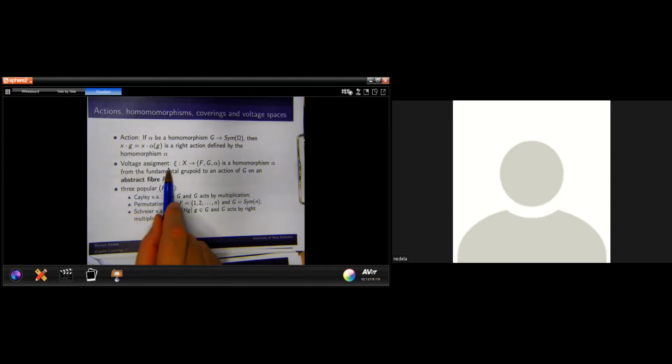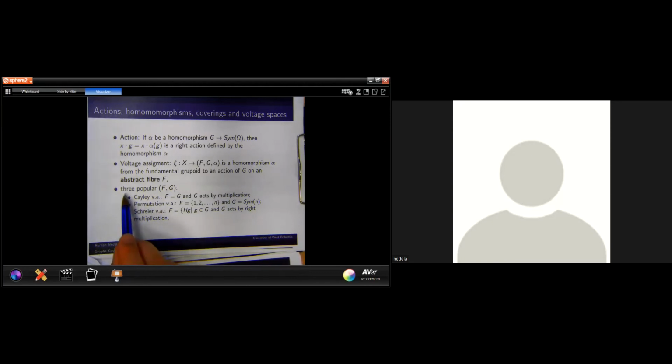So what is a voltage assignment in general? In general, we can define it as a triple, where F is an abstract fiber, G is a group, and alpha is a homomorphism from the fundamental groupoid to an action of G on the abstract fiber.